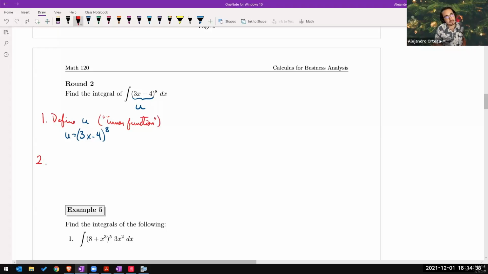Then the next thing is going to be to find the differential du. And again, remember that the du was equal to u prime dx.